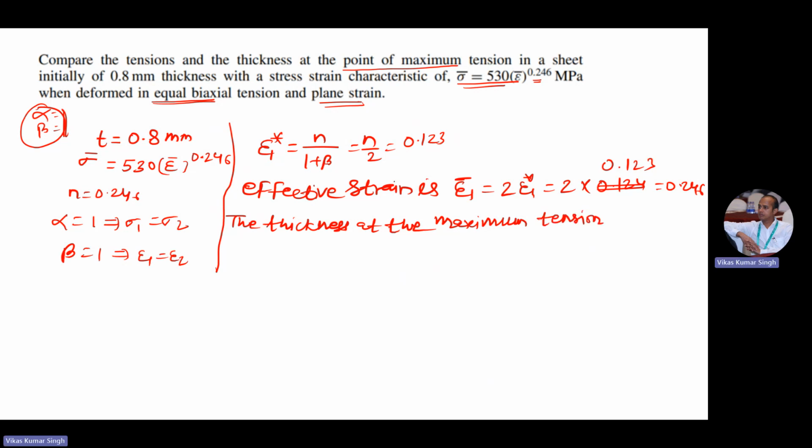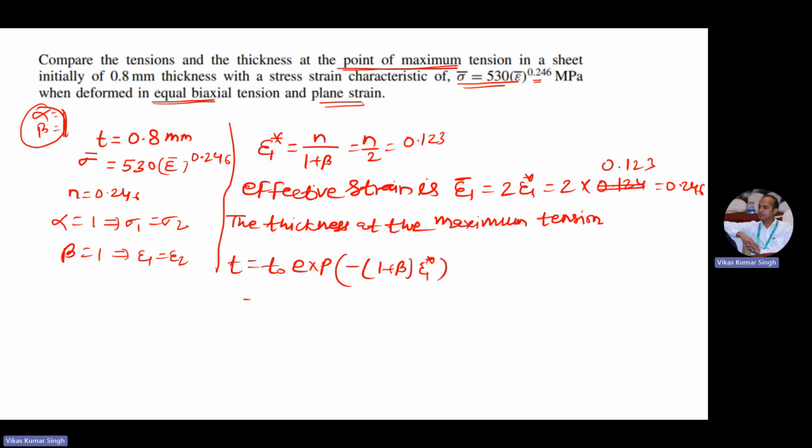Here it is asked in the question, the thickness at the maximum tension point, and this is denoted by T equal to T naught exponential of minus 1 plus beta into epsilon 1 star, as we have already derived this formula. This is the strain at the maximum point.